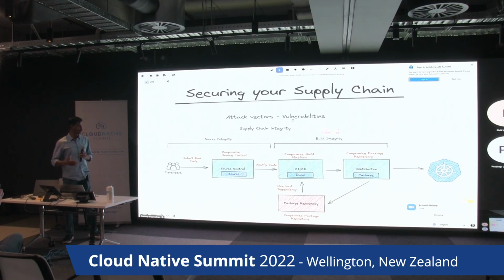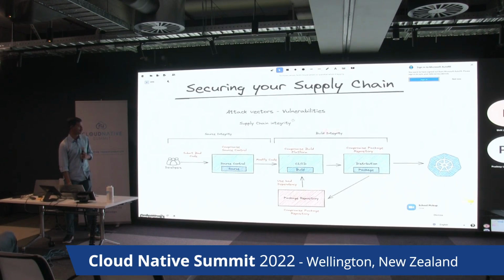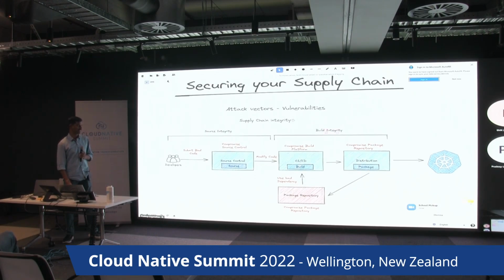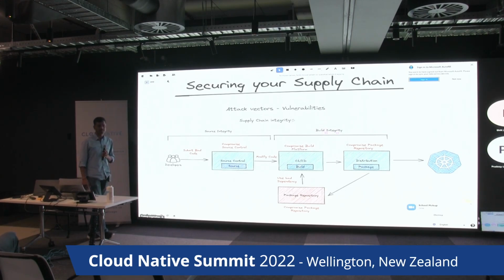In a lot of cases, source gets modified between your CI/CD pipeline and your source control, which again impacts your source. Within the build integrity, we have seen build platforms themselves being compromised and malicious code being injected into a build platform itself. From a package repository perspective, there are a lot of instances where an organization's package repository has been impacted and the packages or the build artifacts being generated through the build system have been impacted.